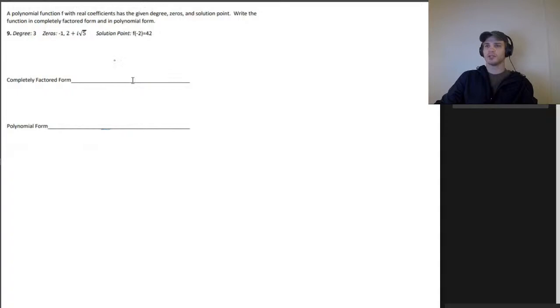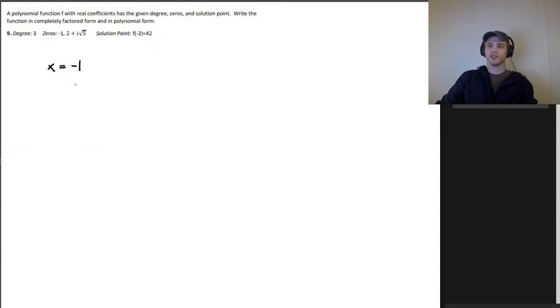So we can use this information to fit this polynomial, hopefully. We want it in completely factored form, and I guess they want it in polynomial form too, but once we get it completely factored, you just multiply it together. Okay, so one of the zeros is x equals -1.